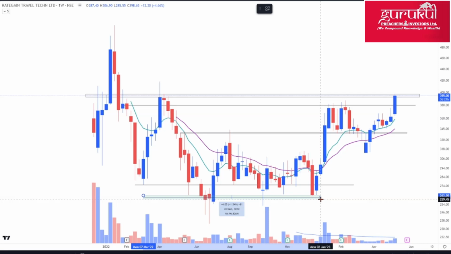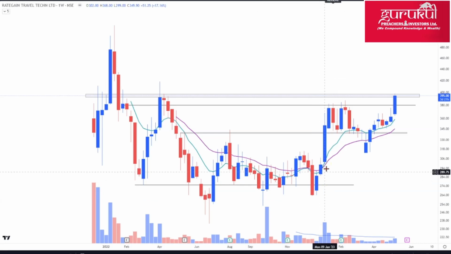So it is approximately around 10 months. The price was in consolidation, and thereafter we have seen a volume spike and a wide range candle breaking the major resistance level. Then it went up, it hovered here at this resistance level, right? Then it came down, and thereafter it came down on account of low volume, right?